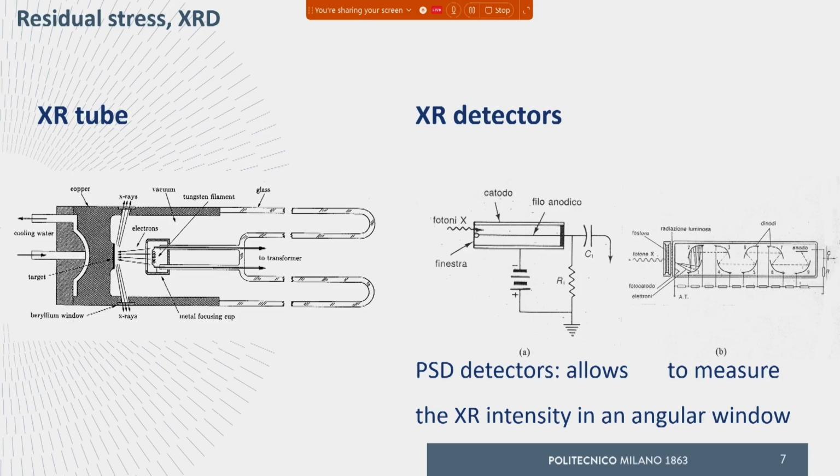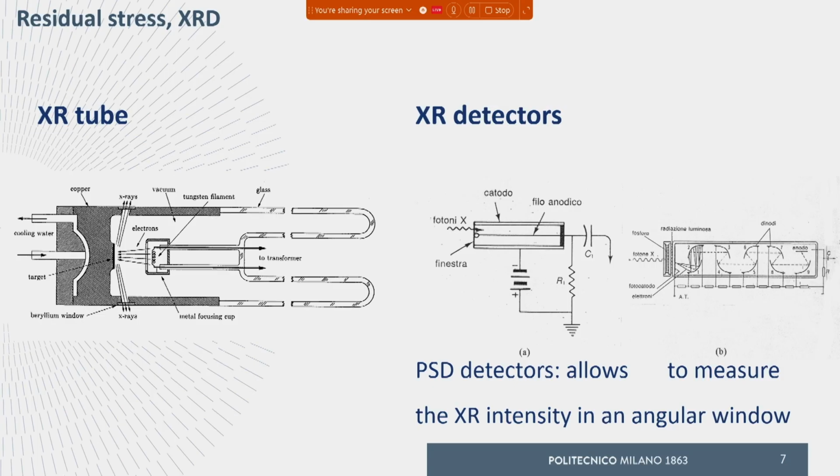We need an anode and a cathode, and by means of this very high voltage, some electrons are emitted by the cathode, and then by hitting a target plate, emit X-rays. And the wavelength of the X-rays depends on the nature of the material of the target.